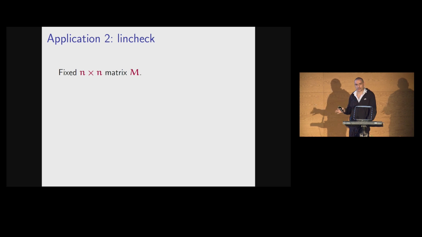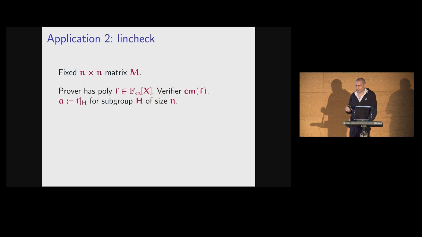So what is the lincheck problem? We have some predetermined fixed n times n matrix M. We have some prover polynomial, and the verifier has the commitment to it. Let's call A just the vector of values of this polynomial on some subgroup of size n.